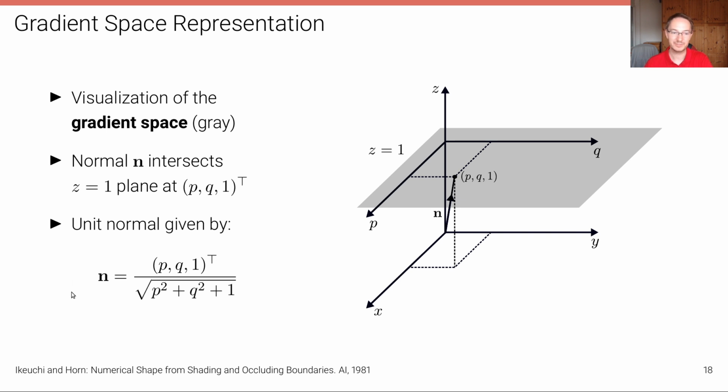Then we can, of course, again obtain the unit normal by simply normalizing P, Q, and 1 by its magnitude. So this is the relationship between the PQ space and the normal.